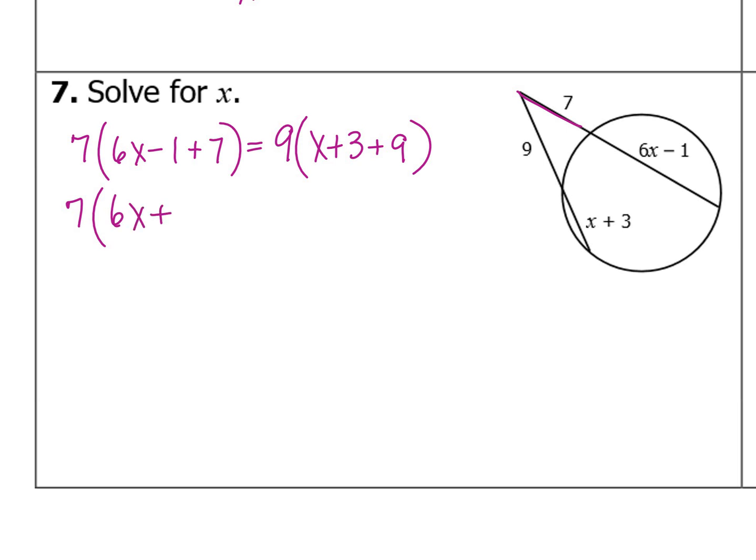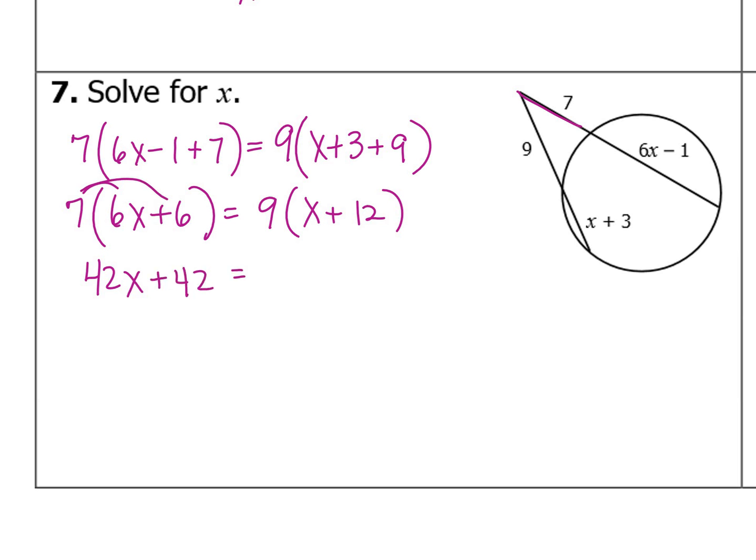We've got 6x plus 6 equals 9 times x, 9 plus 3 is 12. Now we can distribute 6 times 7 is 42x, and plus 42 equals 9x, and 9 times 12 is 108.